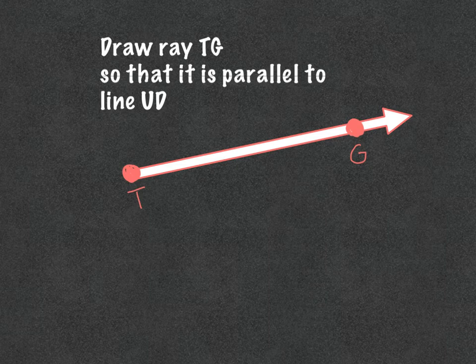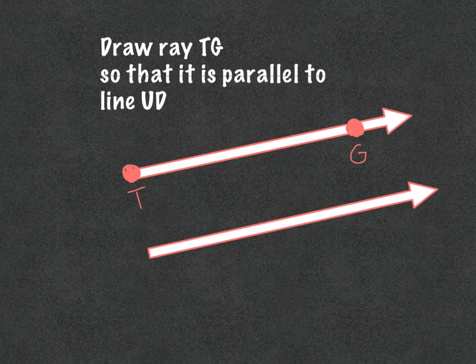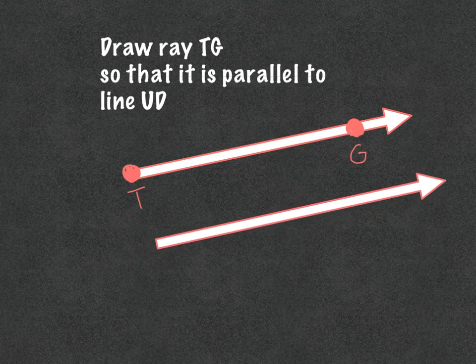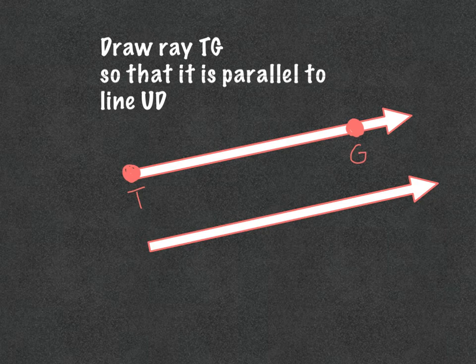Now my tools are a little tricky because it doesn't let me do lines with 2 arrows. So I've got a parallel line there. And we're going to have to draw our own arrow on this side. So parallel meaning that they're never going to intersect. I have to draw my other arrow over here because my tools on this device won't let me do it. So now I have an arrow on both sides. So it is a line.